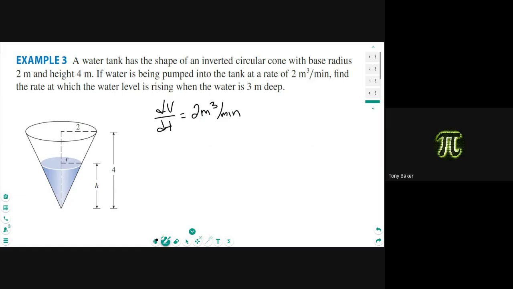And what else do we have? The height is 3 meters. And what am I looking for?